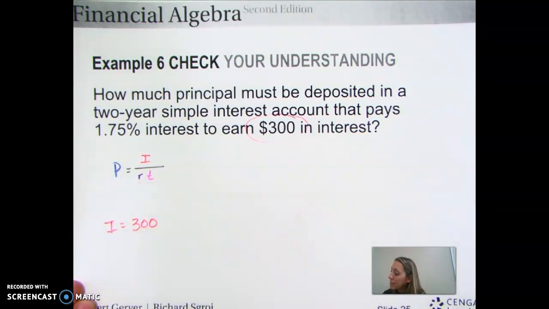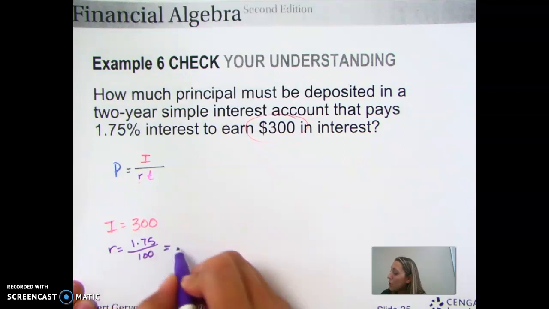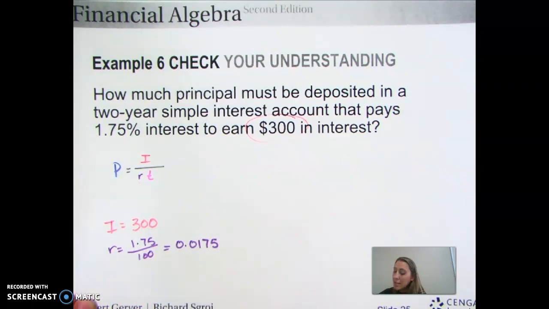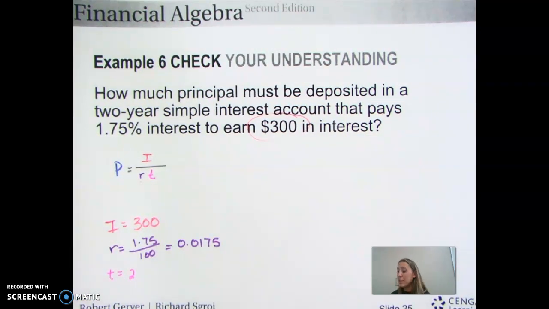My rate is 1.75 divided by 100, which is 0.0175. And my time is 2 years. Now we just have to plug everything in and solve, so go ahead and do that. Okay, now I have that all plugged in, and I ended up with this as my principal.